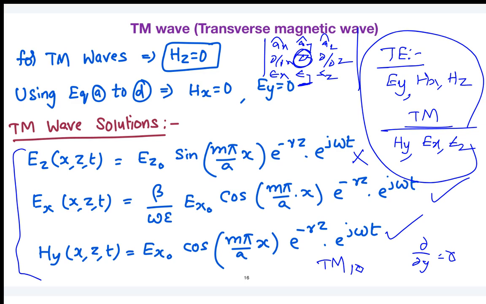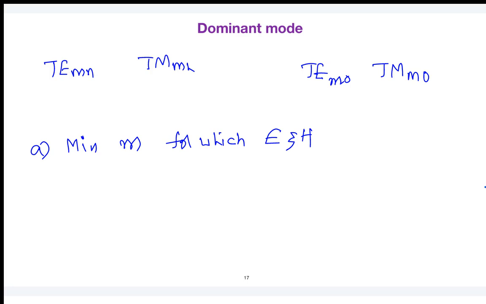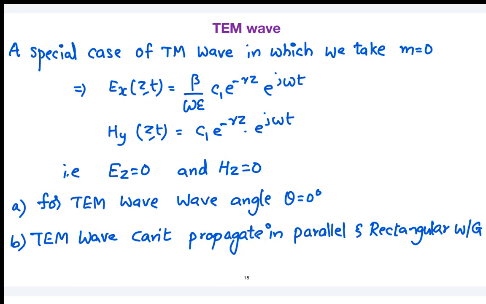Yes or no? But you can call that wave a TEM wave. So before that, I can say the dominant mode is TE10 and TM10 for transverse electric and transverse magnetic. But technically speaking, the TM00 mode is also existing, which will give an electric field in the X direction and a magnetic field in the Y direction.